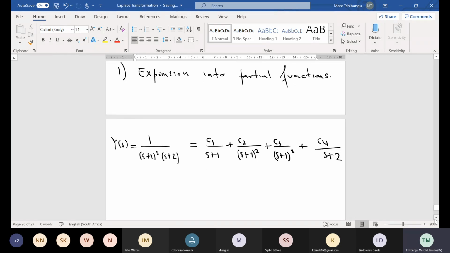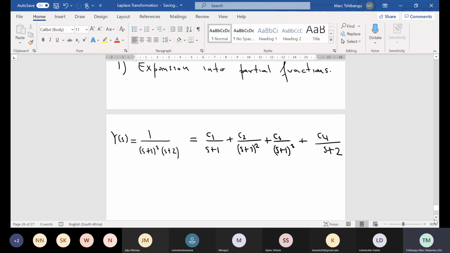Again, we're going to skip step 2, which consists of finding the constant or computing the constant. We're going to use the inverse Laplace transform and then compute the constant at the end.